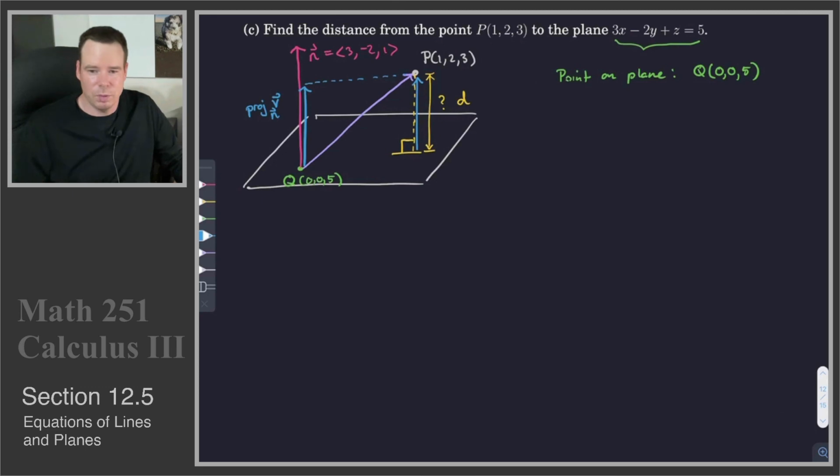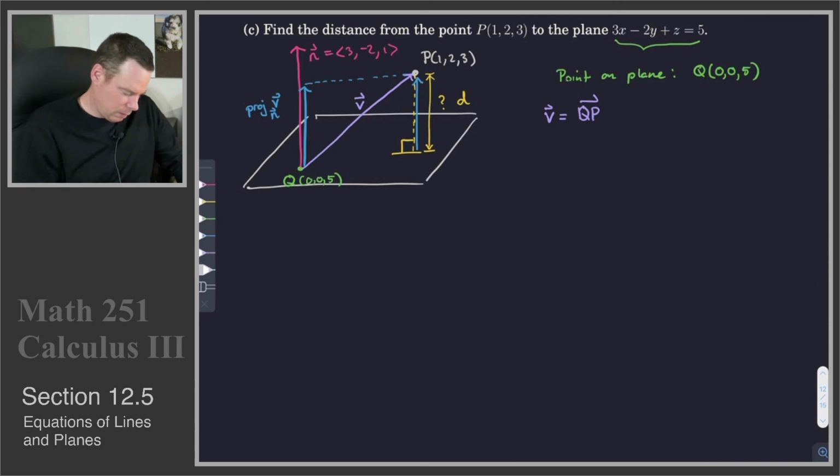Those vectors are equal. Oh, and I forgot to label v. v is this vector from Q to P. So that's our vector, and we're looking for the projection of it onto n and its length.